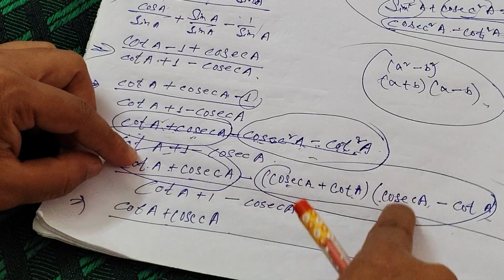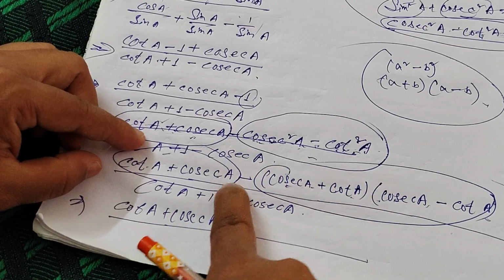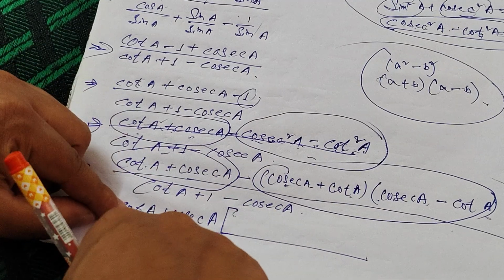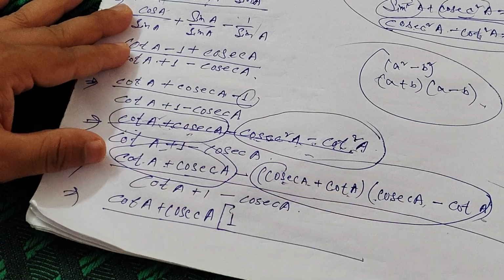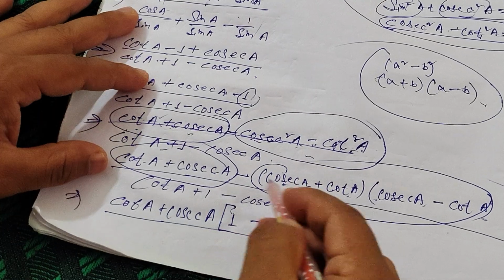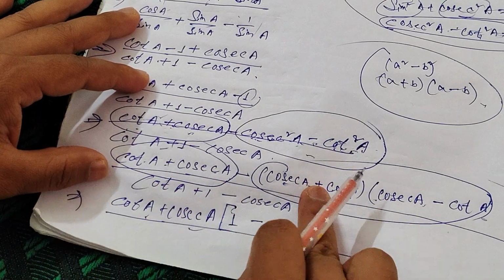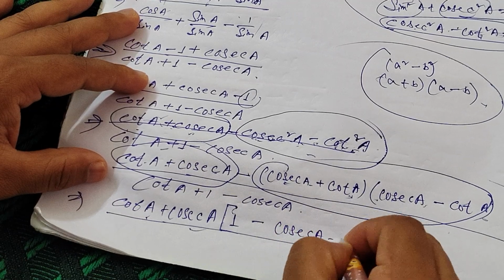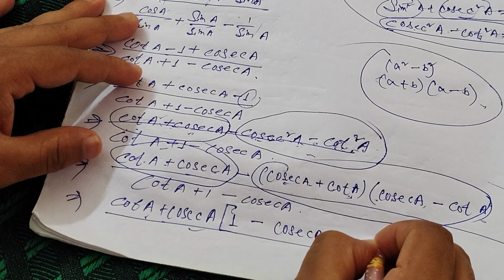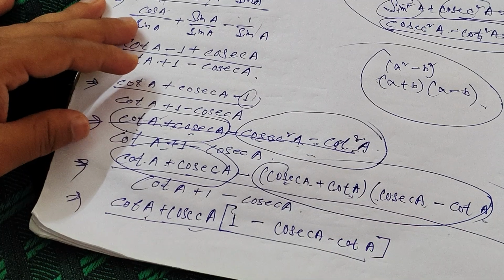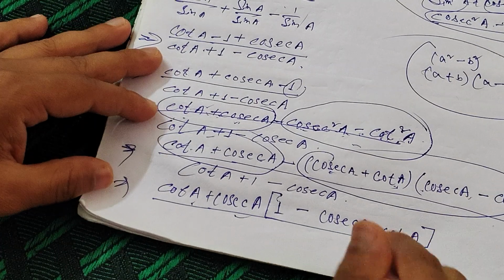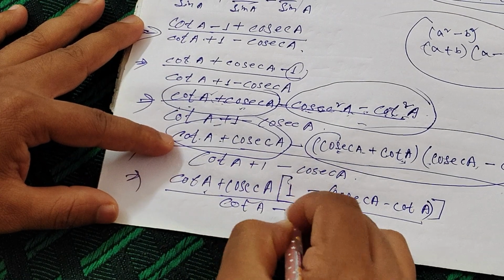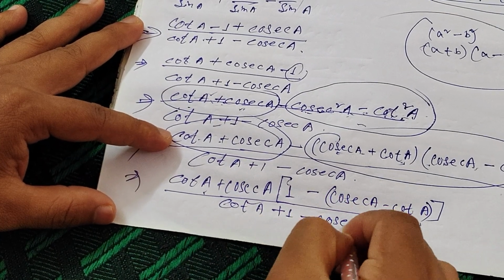Here is also cot A, here is also cosec A. If I take this common, nothing will remain here, so we write 1 minus, and here what remains is cosec A minus cot A. Put this in a bracket, and the downside is the same as it is, plus 1 minus cosec A.